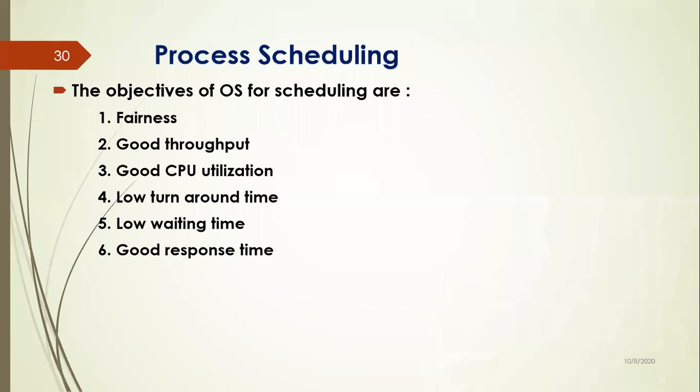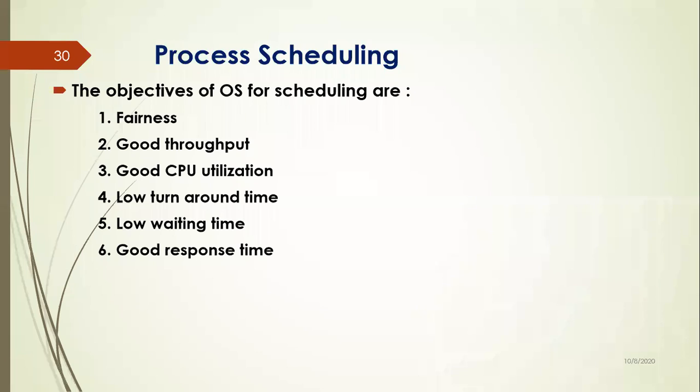Now, what are the objectives of preparing the schedule for the process execution? First is fairness. Second is good throughput. Then good CPU utilization, low turnaround time, low waiting time, and good response time. These are the objectives of process scheduling.